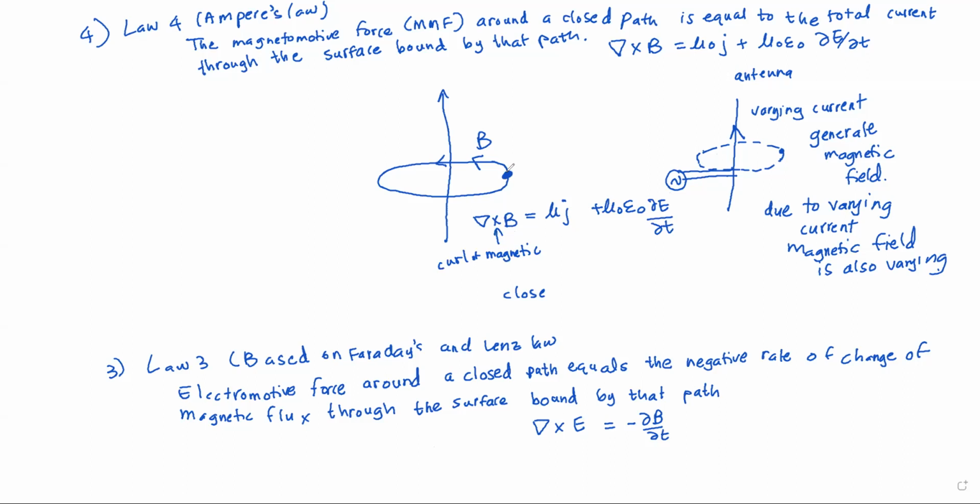Because of the generation of the magnetic field at this specific point, there is now a varying magnetic field at that point. Because of this varying magnetic field, a varying electric field is generated based on this equation, right?